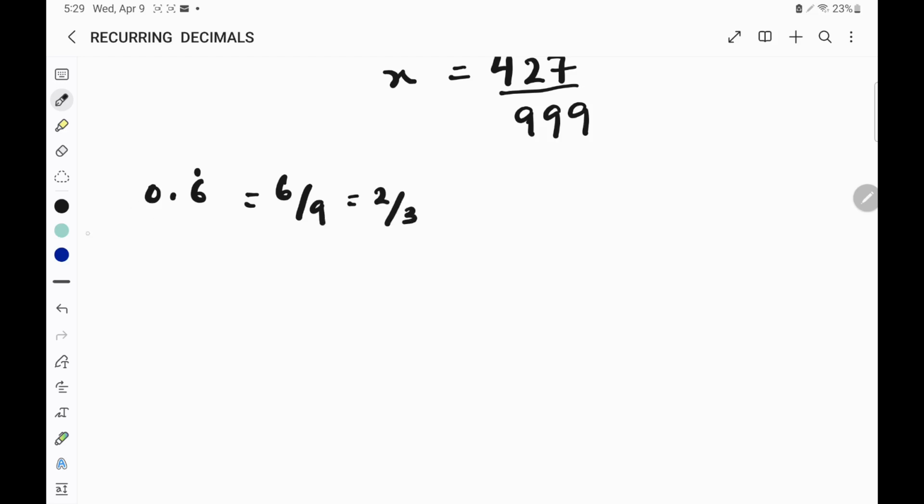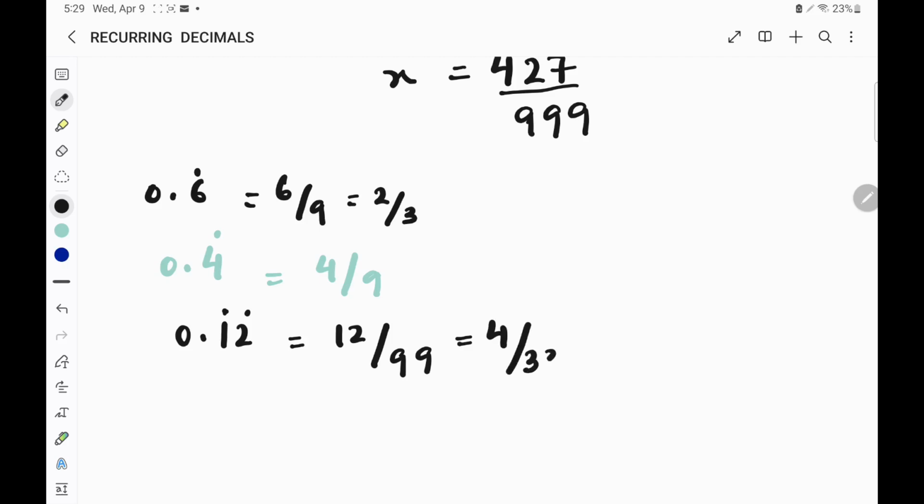If you have 0.4 as a recurring decimal, you can write 4 over 9, which we cannot simplify. For example, if you have 0.12, the other type of questions I'll do afterwards, that will be 12 over 99, and that you can simplify by the 3 times table, that is 4 over 33.